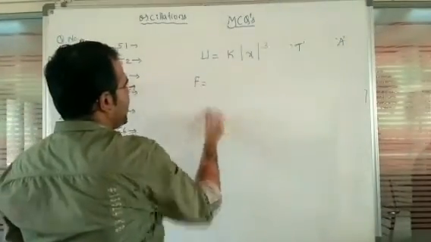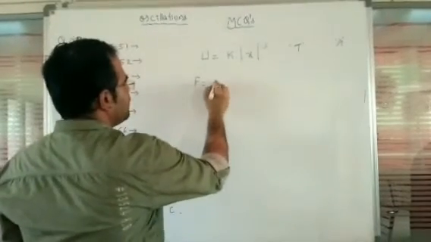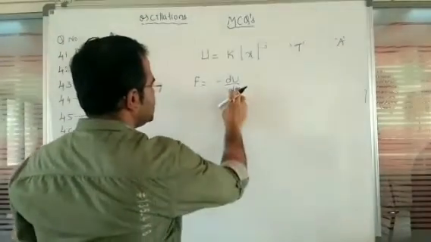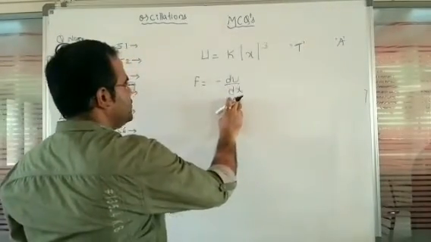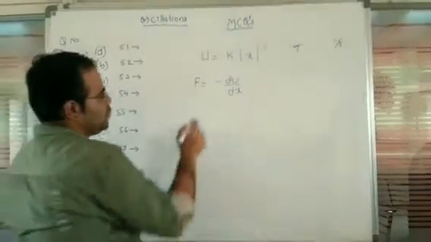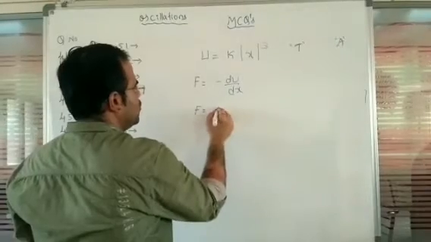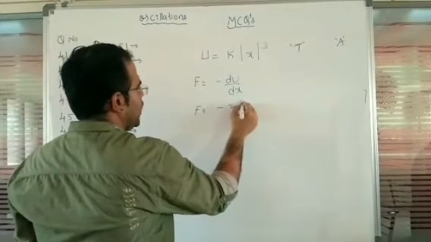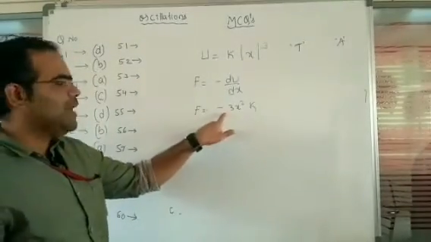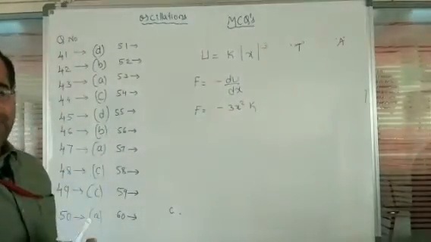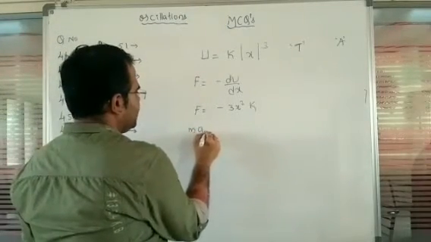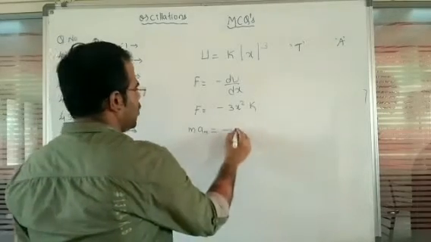In order to identify, we are going to observe F is equal to minus dU divided by dx, because the force depends only on the displacement. So F is equal to minus 3x square into k. We are going to make a differentiation, minus 3x square into k. Now this force is mass into maximum acceleration of a simple harmonic motion.